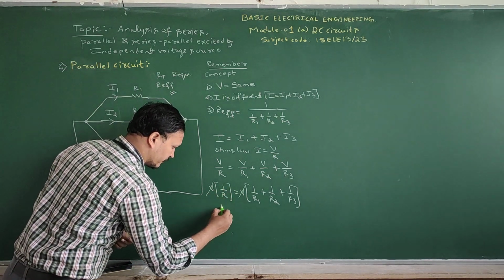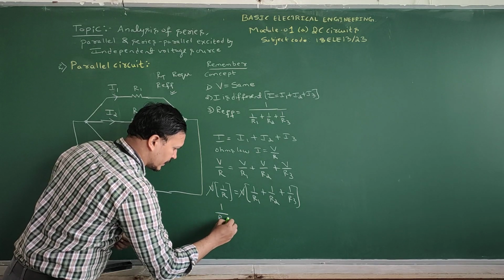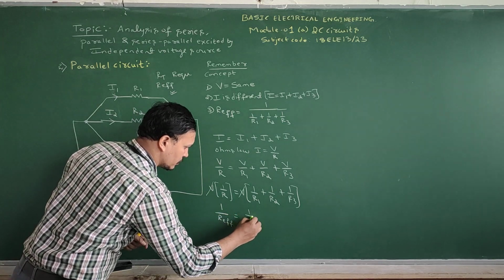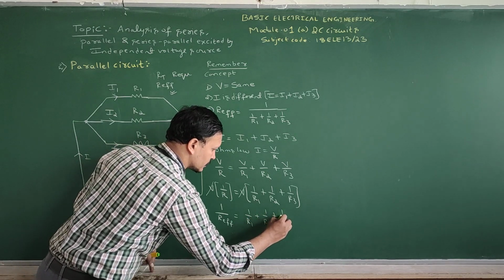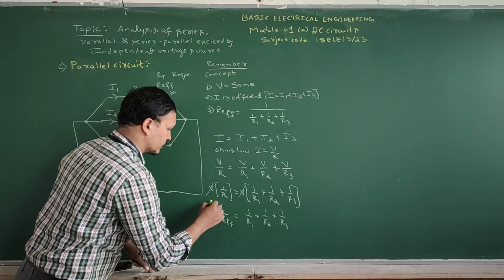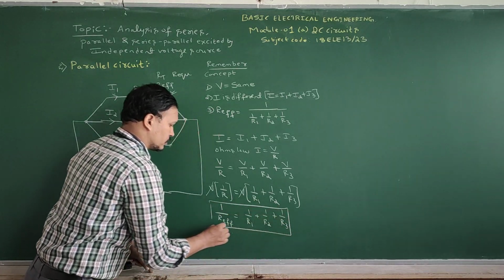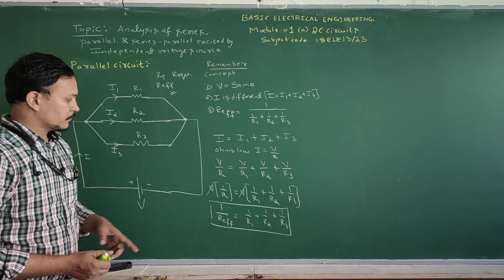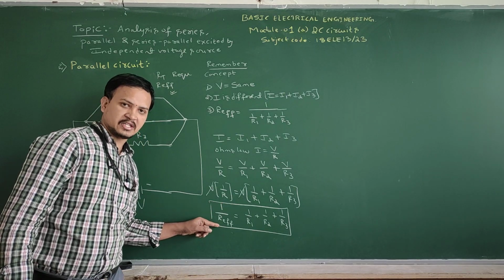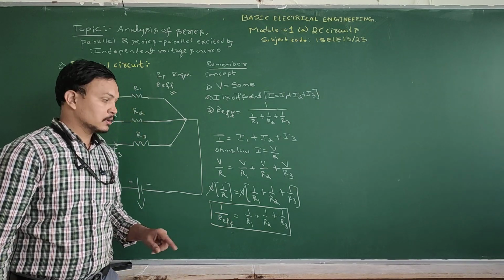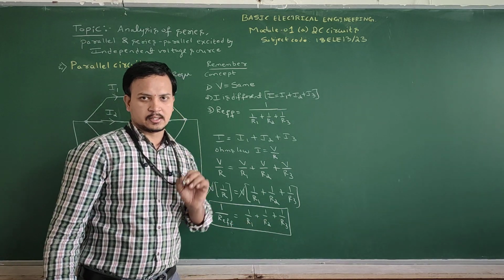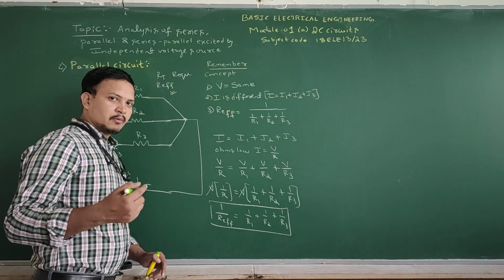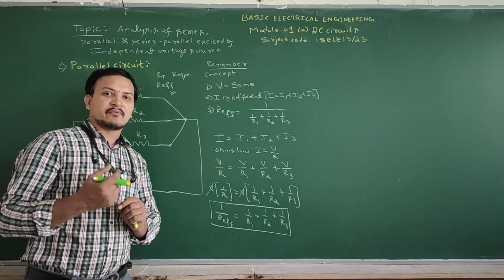Therefore I am modifying this: 1 by R effective is equal to 1 by R1 plus 1 by R2 plus 1 by R3. So in a parallel circuit, the reciprocal of effective resistance is equal to the sum of the reciprocals of the individual resistances. But while solving problems, you need only effective resistance.